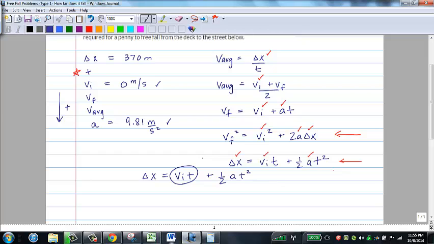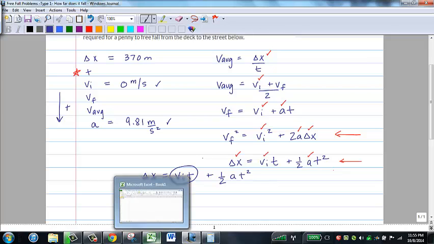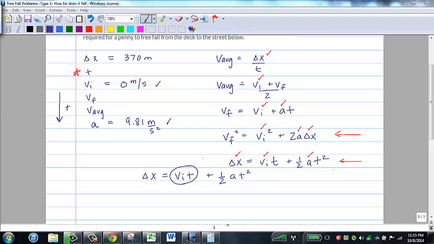So this equation is not going to be difficult to use to solve for t, even though when you first look at it, you might think, oh, how am I going to solve for t? It appears in both of those locations. This is a quadratic equation. All right, so delta x is equal to 370.